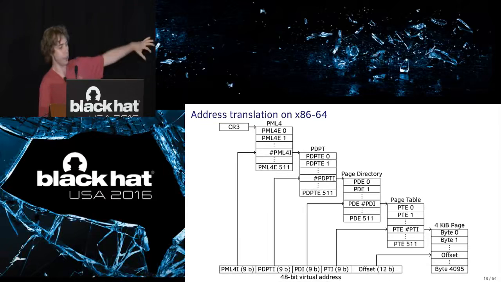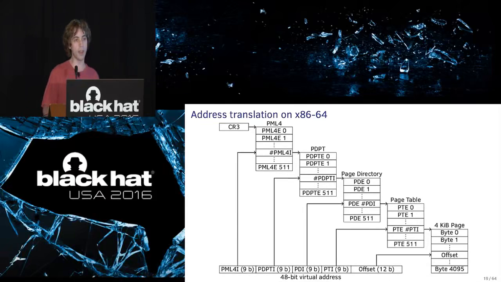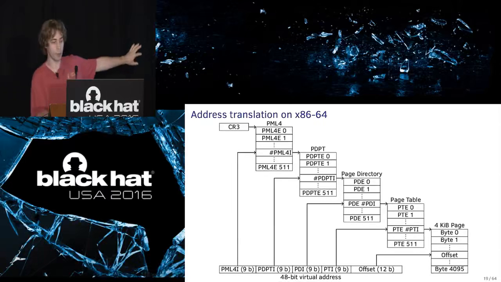Every one of those tables has 512 entries, and each entry is 8 bytes in size to store a 64-bit pointer, basically. And therefore, each of those tables is 4 kilobytes in size, which is, again, pretty nice because you have 4 kilobyte pages on Intel CPUs, and then it's easy to organize all the memory with a bitmap. The virtual address: we have a 48-bit virtual address here.